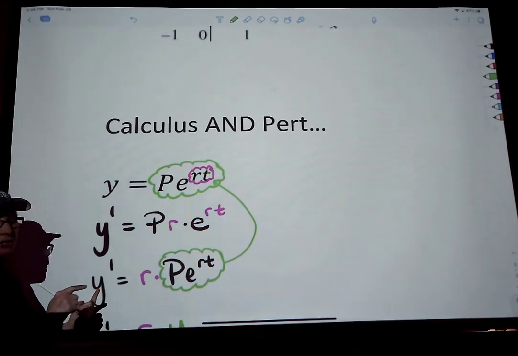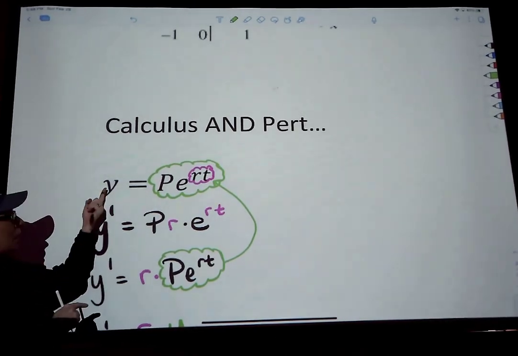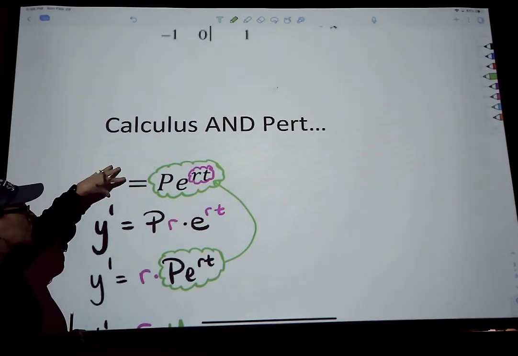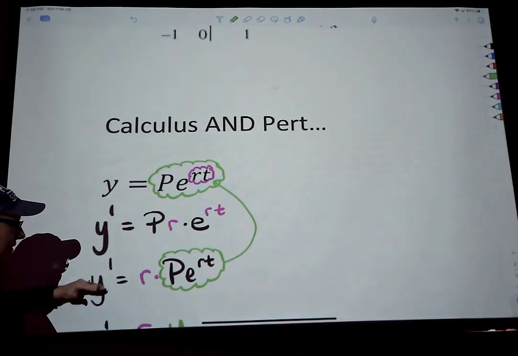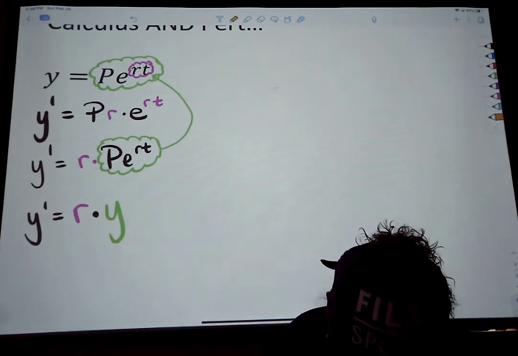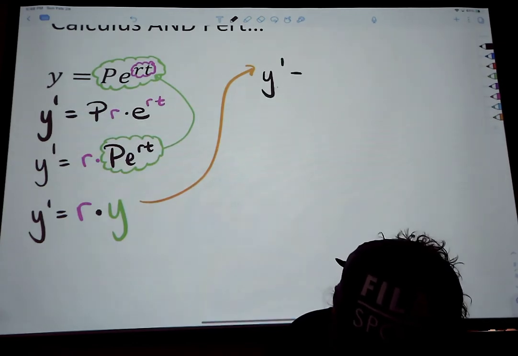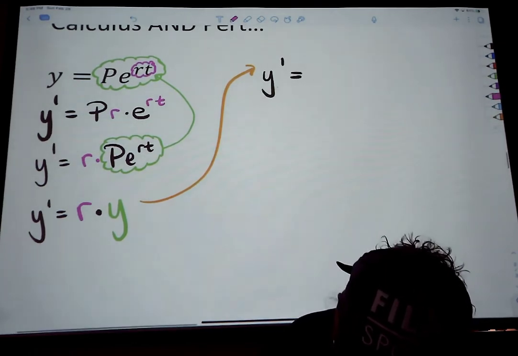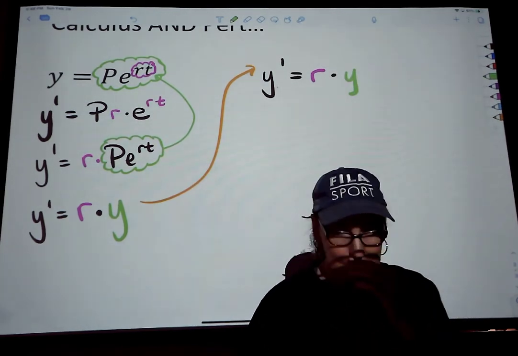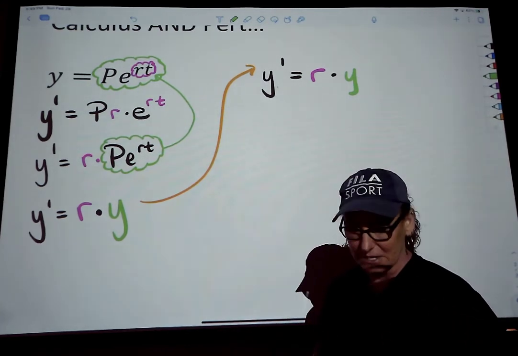It's the rate of change of my population, how fast it's changing. So I got y prime, rate of change, equals r times y. An exponential equation is the only time this happens.